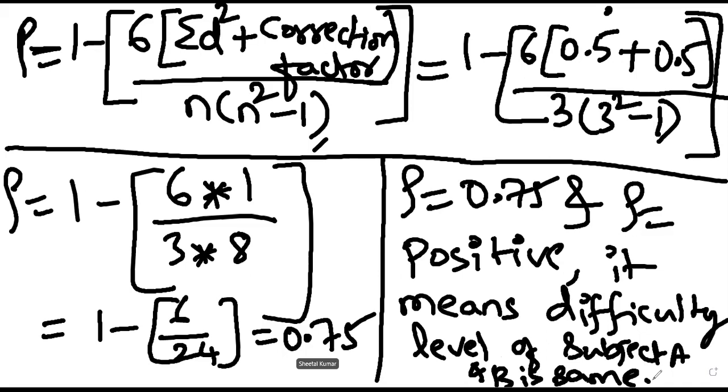They have scored highest marks in subject A, and they scored highest marks even in subject B also. So that is the reason the correlation is very high. There is some sort of correlation. The difficulty level is almost the same. Okay. So interpretation can be done.